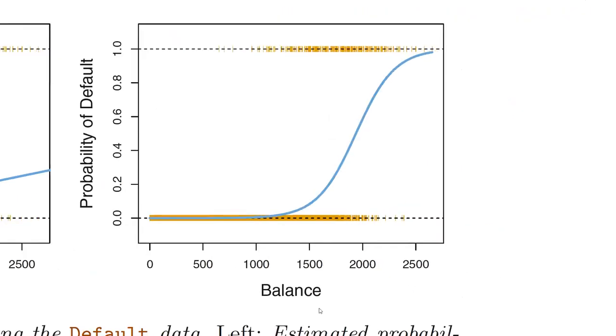So look, this is exactly what we're doing right now, right? So a balance of 1,000, what the model is giving you is nearly a 0 probability, whereas 2,000, well, that's your 58 point whatever percent.